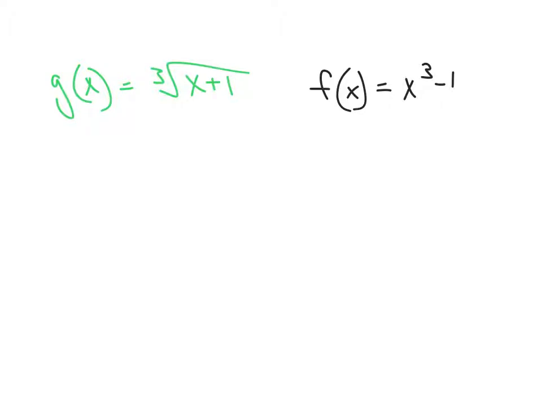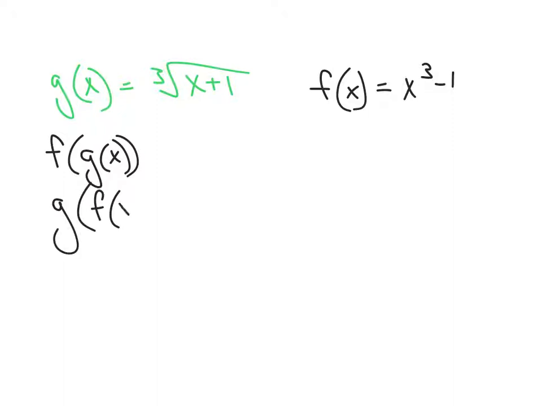So in order to prove it, back earlier there was a little green box on inverse functions, and at the top of this page there's a little green box that says that. And so in order to verify that, we have to do this composition, and then we have to do this composition. And if they both give us a value of x, then we know that they are inverse functions.